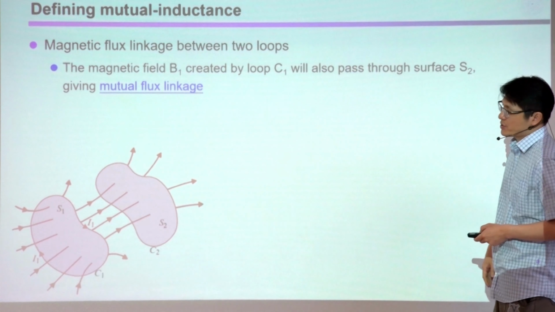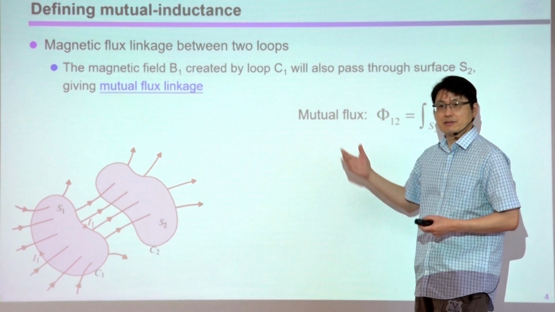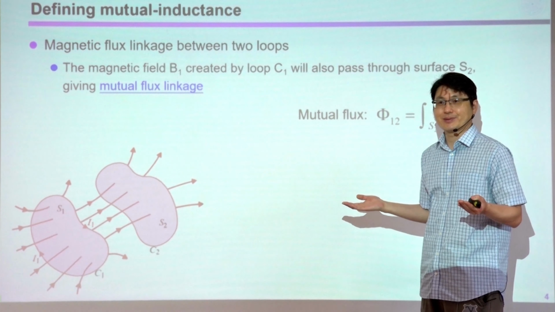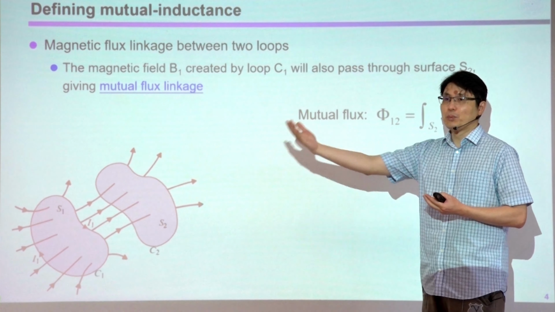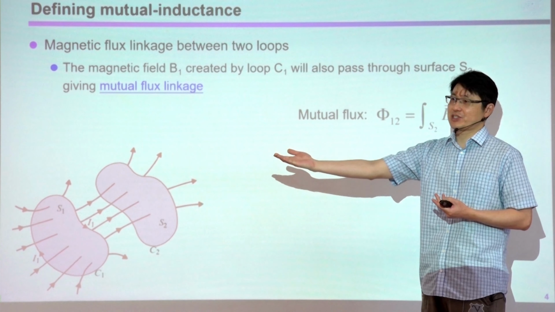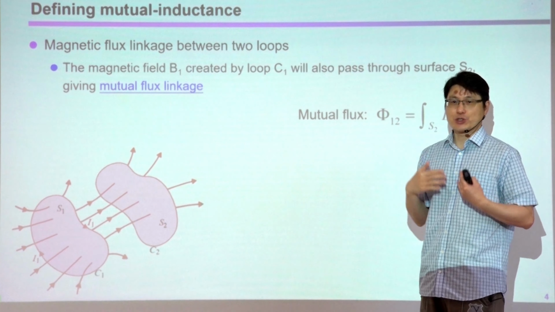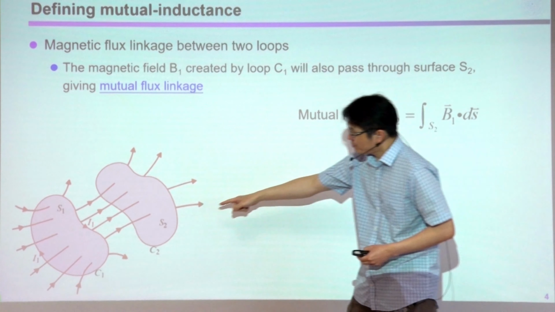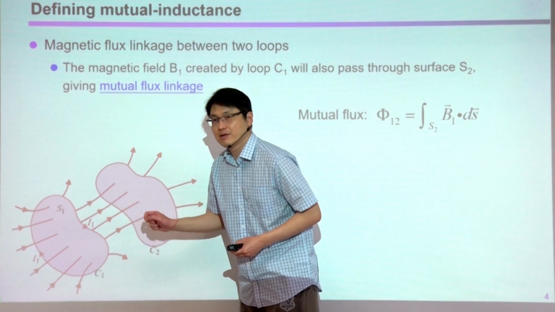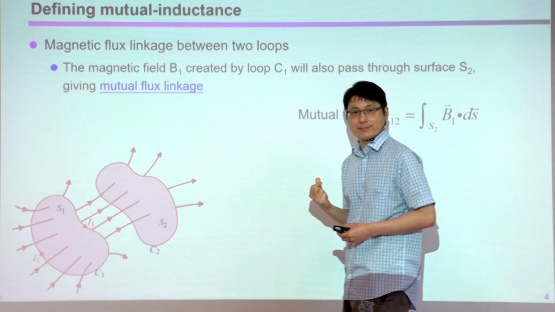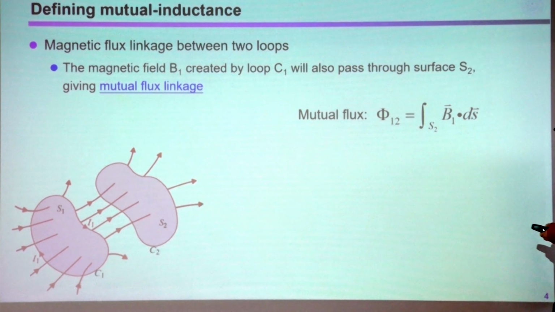Even in this case, you can still calculate flux. Why? Because loop 1 is donating its field lines to me. So over my surface area, I still have some field lines. Okay?